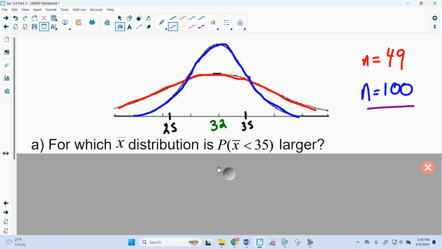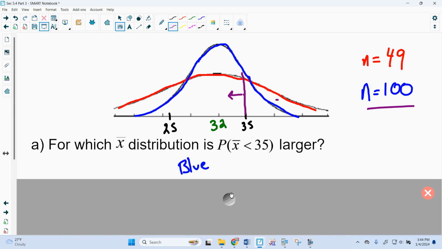So for which distribution is x bar less than 35 larger? So if here is 35 and to the left, if you just look at that, you can see to the right, there's more red to the right, which means to the left, there has to be more blue.